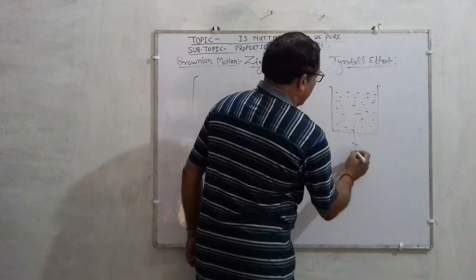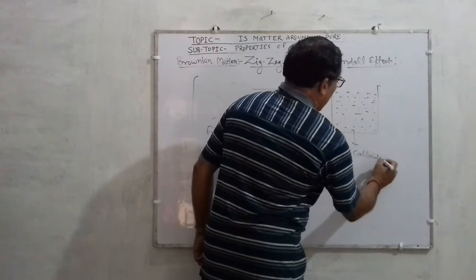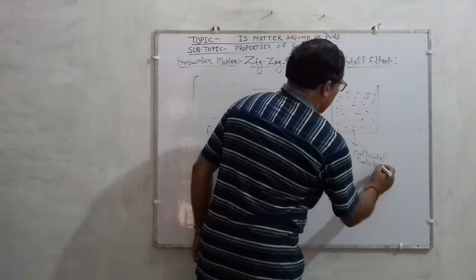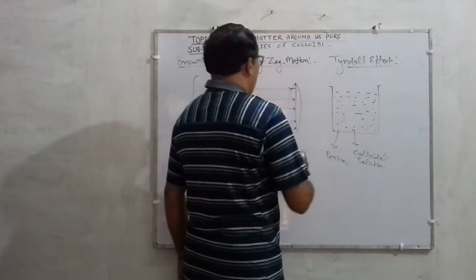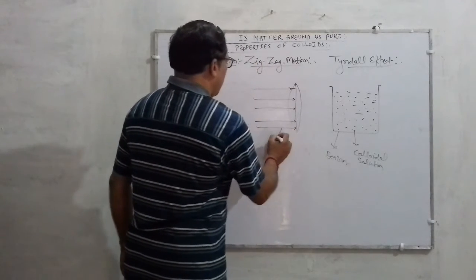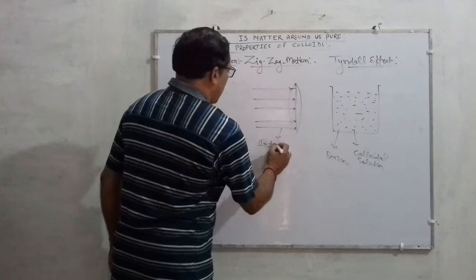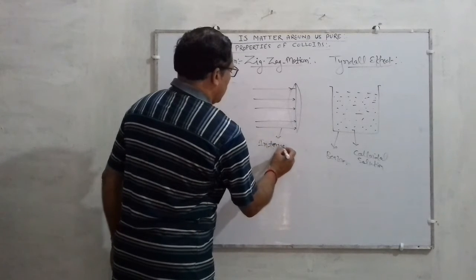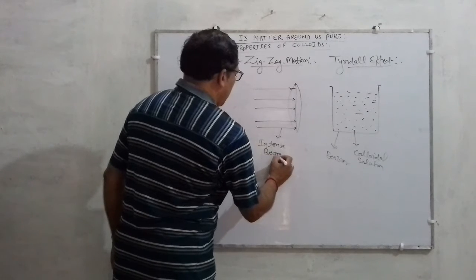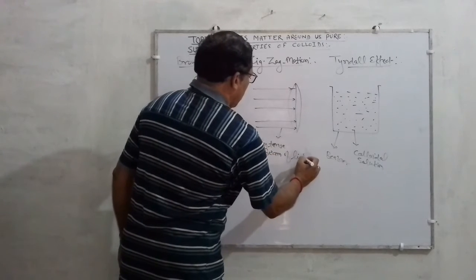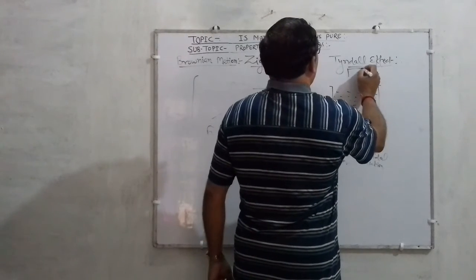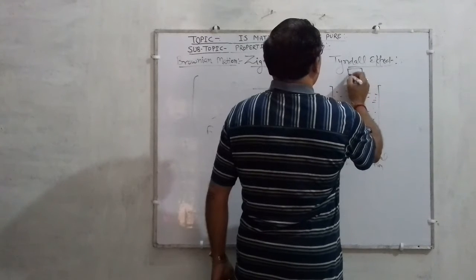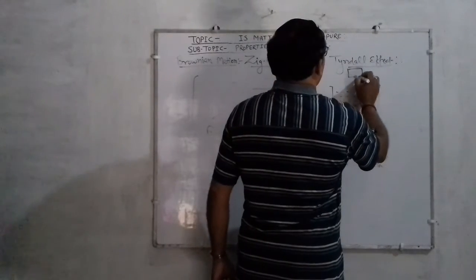This is your colloidal solution, this is your beaker or flask, and this is your intense beam of light. And suppose here you have set a microscope to observe the property.